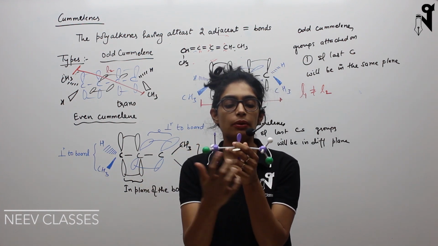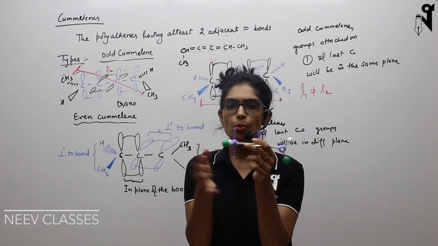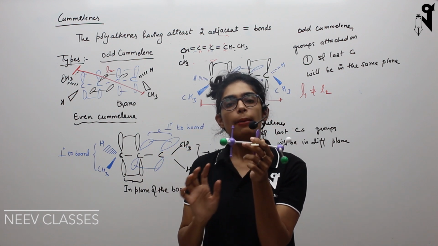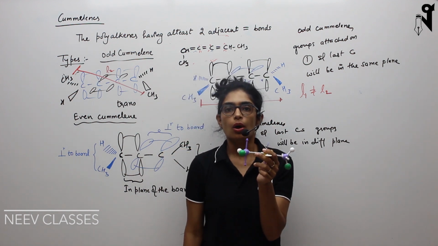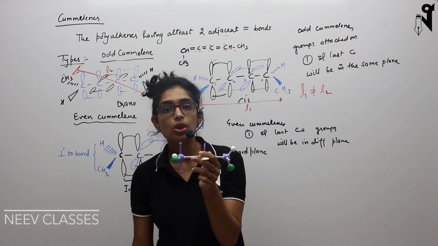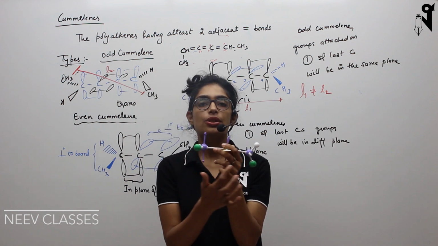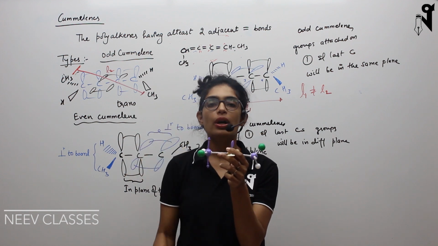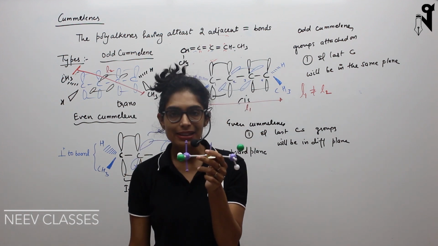We are not changing the plane. Basically we are changing where it is facing. Earlier it was facing up and now it is facing down, but changing the face of the CH3 is not changing the distance between one CH3 and another. This is L1 and if I rotate it, this becomes L2, and L1 and L2 are exactly the same.